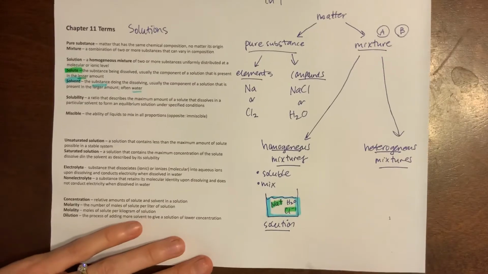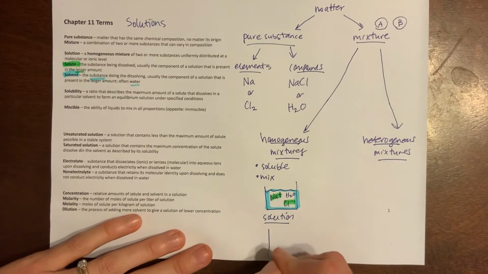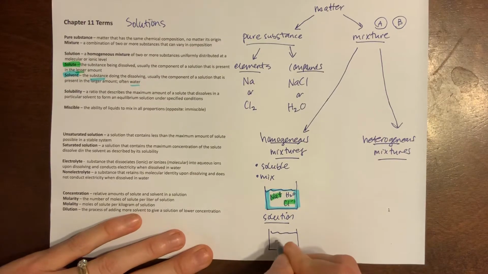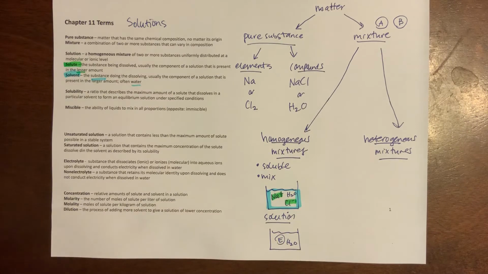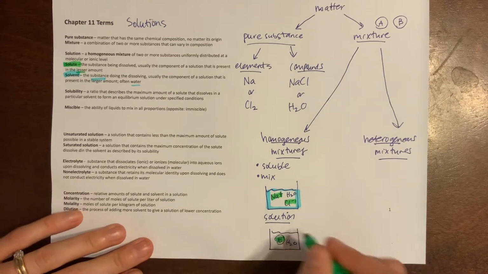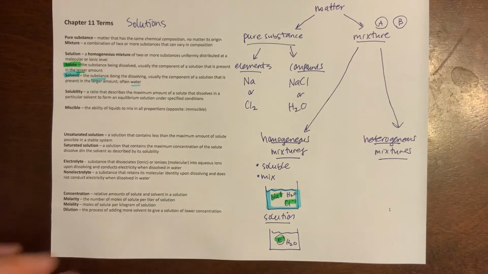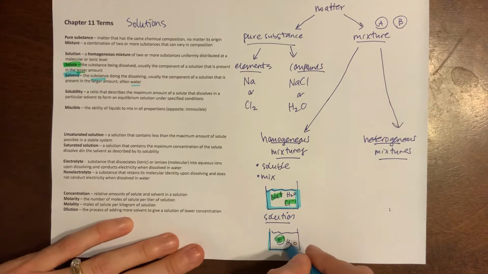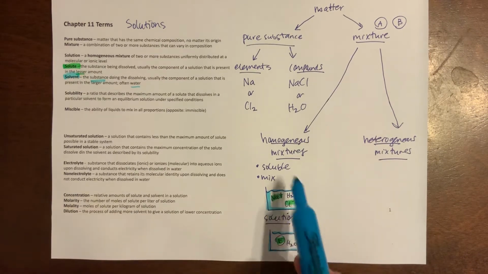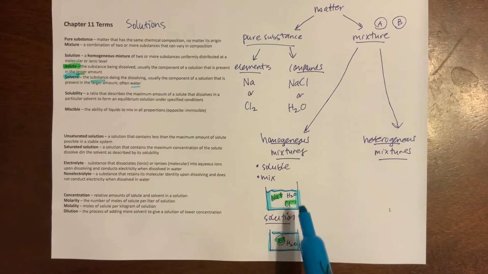Another example that we'll see again on the next page would be if I have ethanol. So I'll just use E for ethanol, and that ethanol is mixed in with water. So ethanol is what you have in hand sanitizer, it's what you have in alcoholic beverages, and we know that it mixes with water. So again, it's soluble, it mixes, it's a homogeneous mixture.